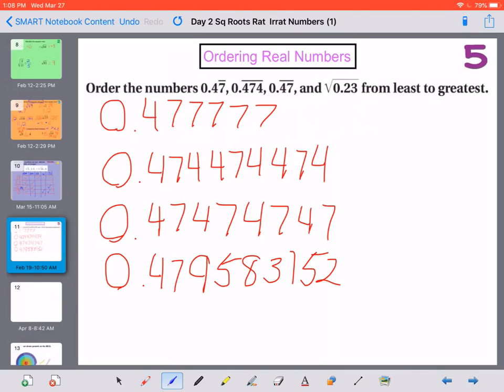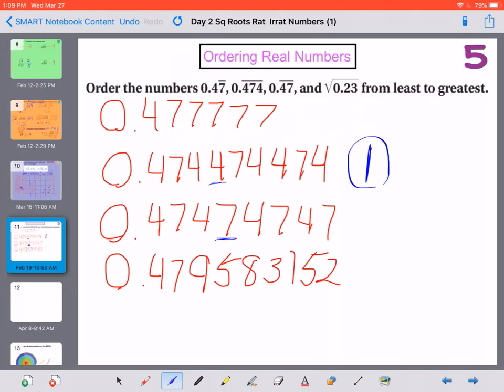So which one of these is smallest? Well, I see they all start with 4. They all have a 7. The next number comes 7, 4, 4, 9. So I know it can't be the first one, it can't be the last one. So I've got to look at the next number. It goes from 4 to 4, 4 to 7. 4 is less than 7, so I know that this one has to be the least.